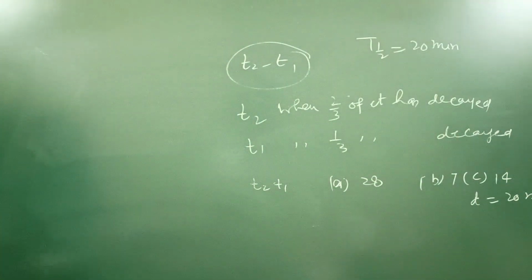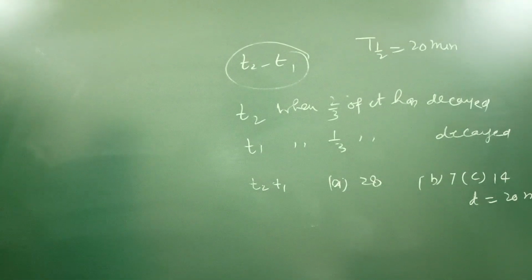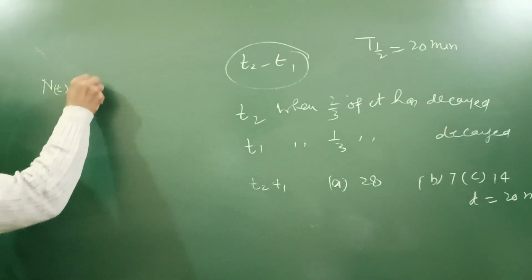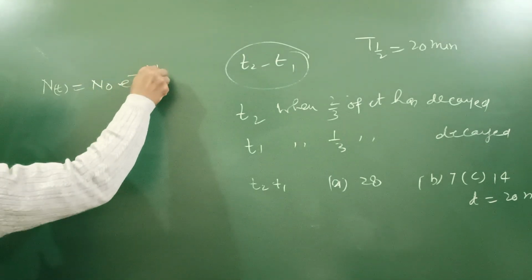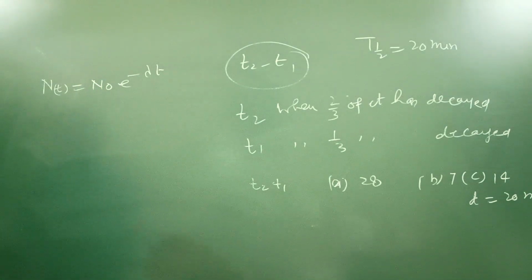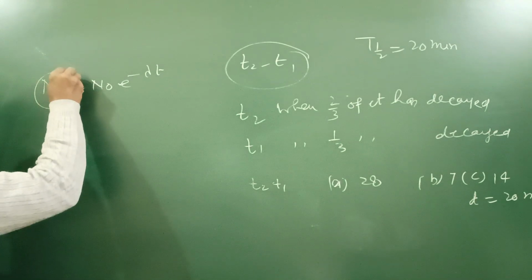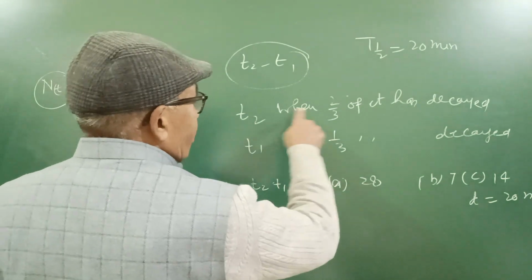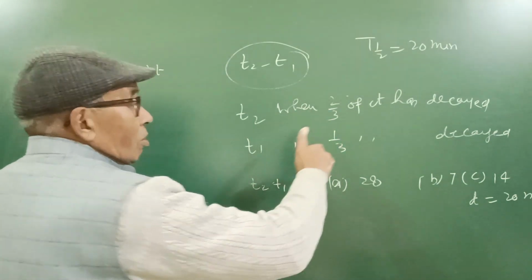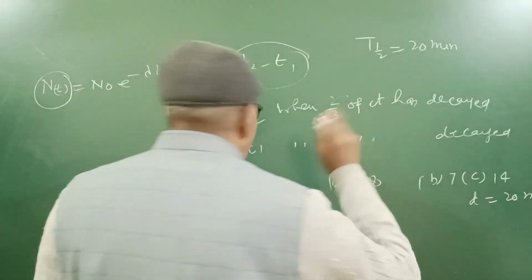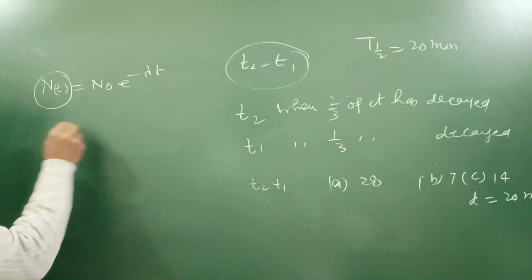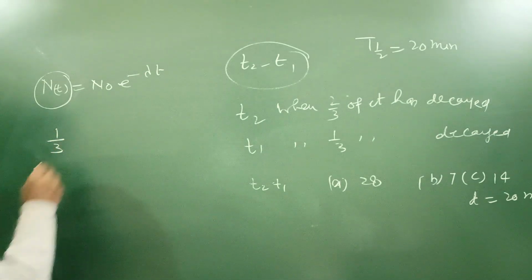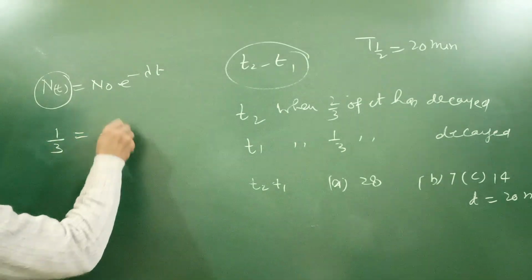See, our Nt equal to N0 e to the power minus lambda t, where Nt is the number of radioactive elements left undecayed. So at time T2, 2 by 3 have decayed, so 1 by 3 left undecayed: 1 upon 3 equal to e to the power minus lambda T2.